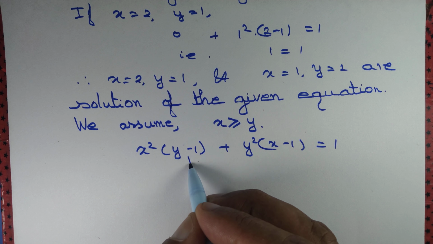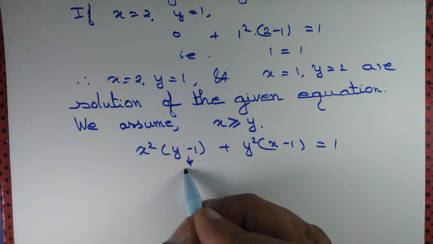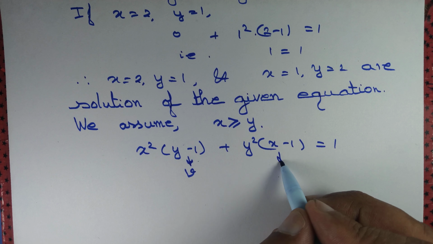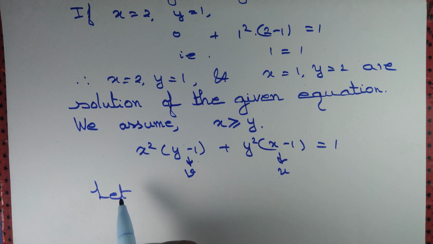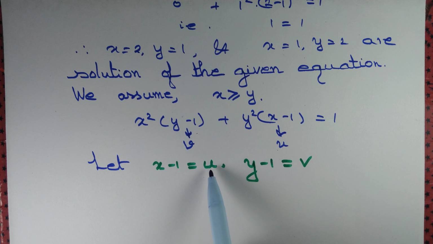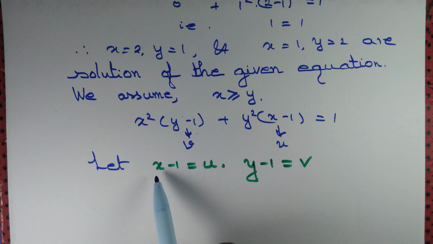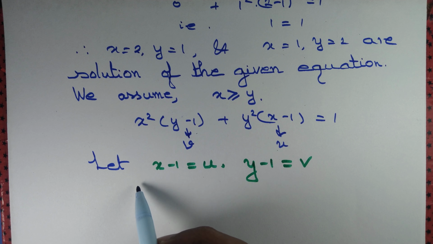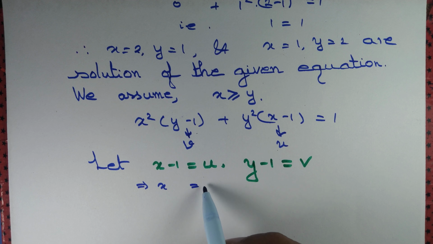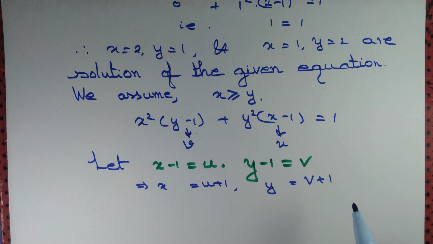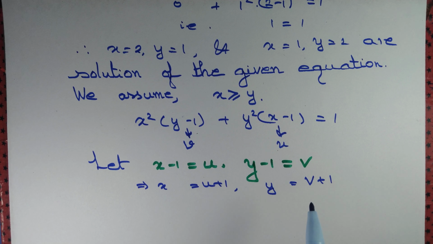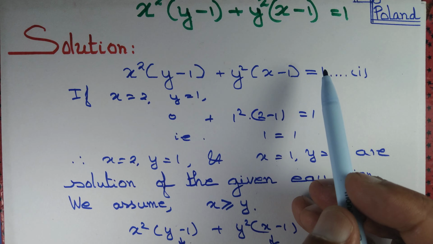Let's change x minus 1 by, let's say, u, and y minus 1 by v. So we are introducing new variables u and v. We want to replace x and y by new variables u and v. That follows that x equal to u plus 1 and y equal to v plus 1.